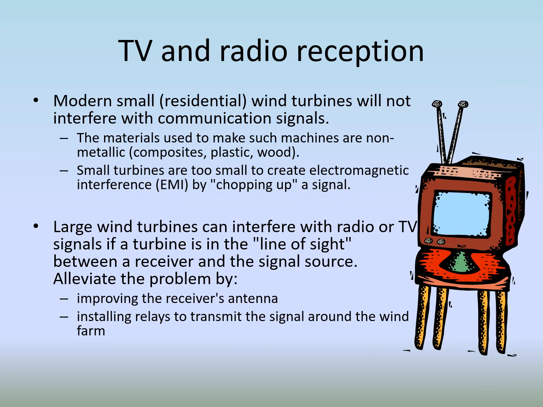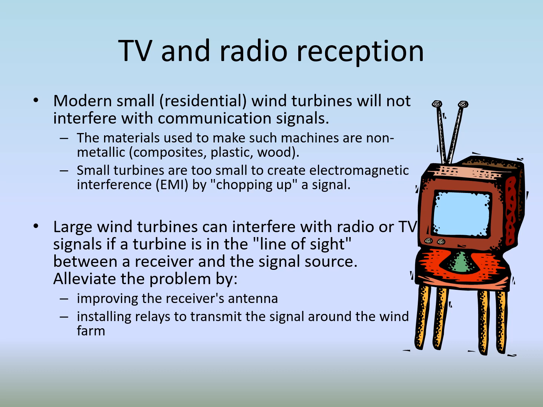TV and radio reception. Modern small residential wind turbines will not interfere with communication signals. The materials used to make such turbines are not metallic: composites, plastic, wood. Small turbines are too small to create electromagnetic interference (EMI) by chopping up a signal.